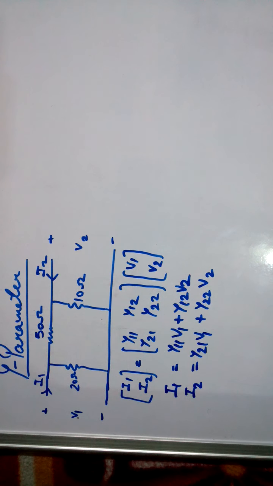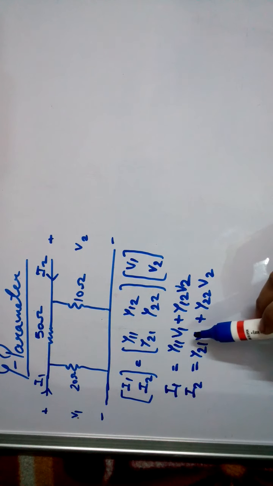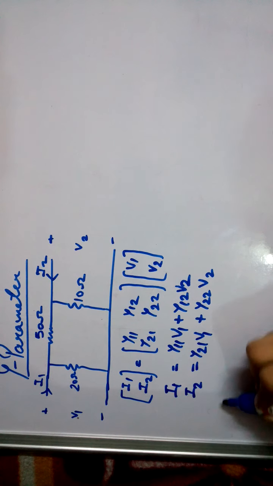Now when port 1 is short circuit, it means V1 is 0.